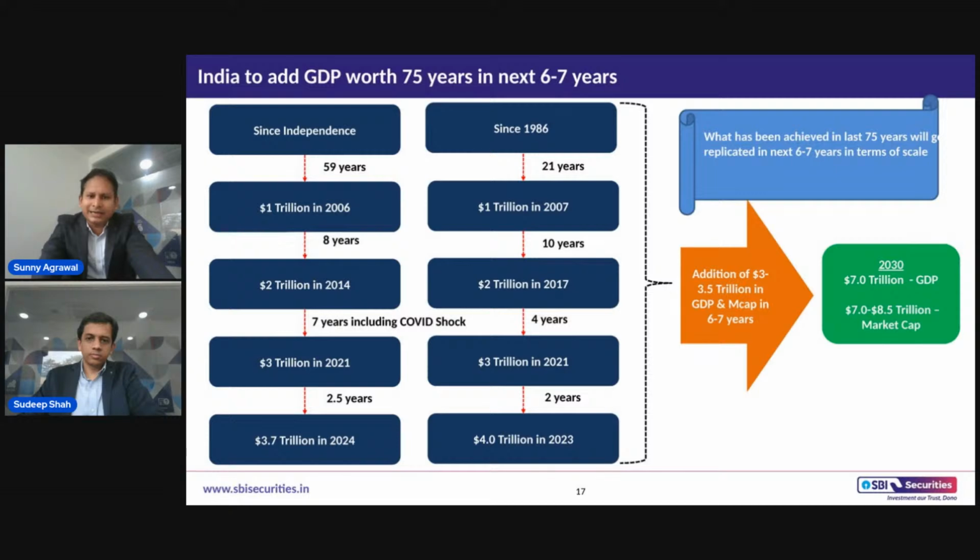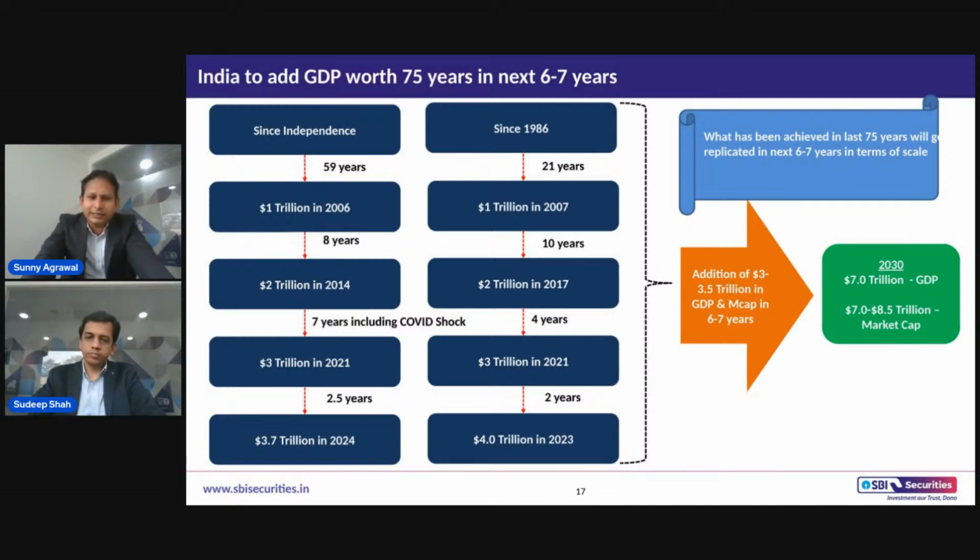At the same time, on the right hand side, in 2007 the Indian equity market hit $1 trillion market cap. Similarly, post that it took us 8 years to add the next $1 trillion to the economy. That is a $2 trillion GDP that was achieved in 2014. On the right hand side, the Indian equity market achieved $2 trillion market cap in 2017.